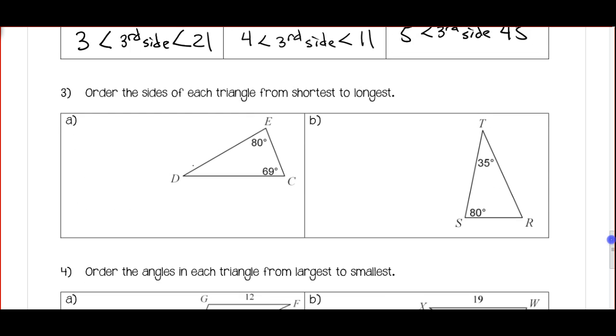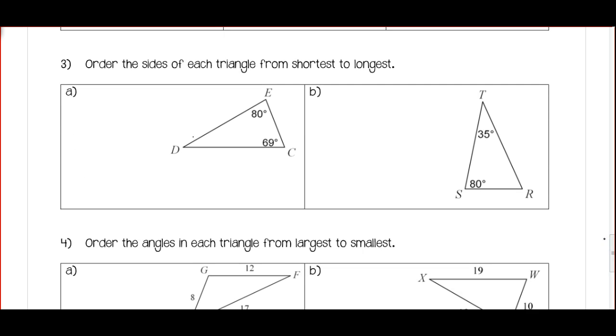All right, moving on to example 3, we want to put the sides of each triangle in order from shortest to longest. So remember, our side angle inequality conjecture says that the longest side will be opposite the largest angle. So we've got two angles given, and we can find angle D. Angle D is going to be 180 minus 80 plus 69, so that's going to be 31.